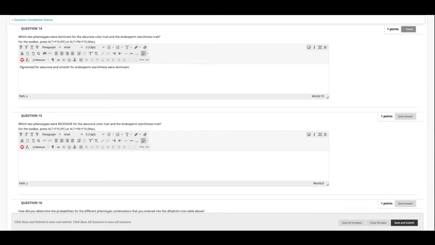Recessive. Kayleen says non-pigmented wrinkled for recessive. I think she said respective. I think she meant to say recessive. I think. Correct me if I'm wrong.